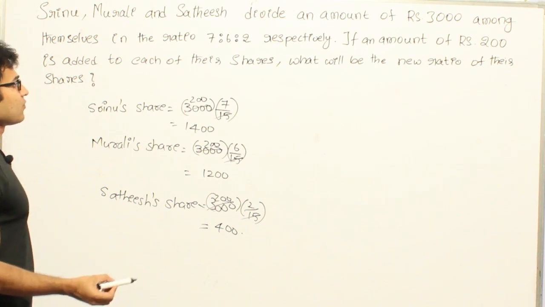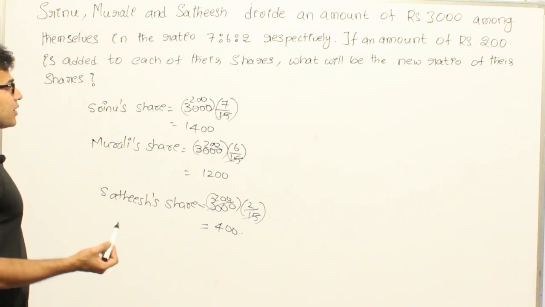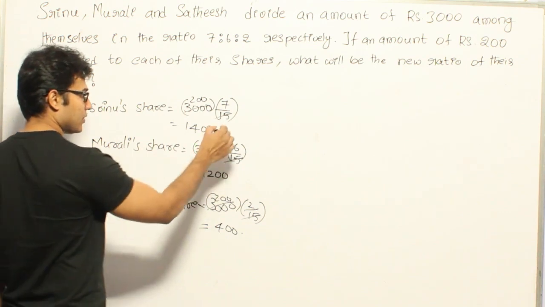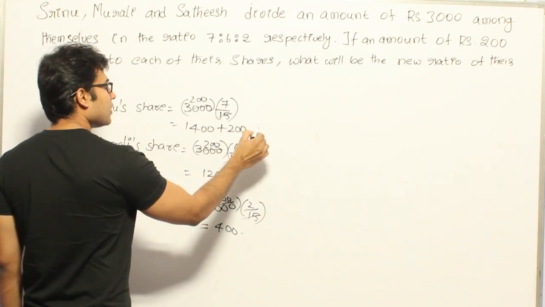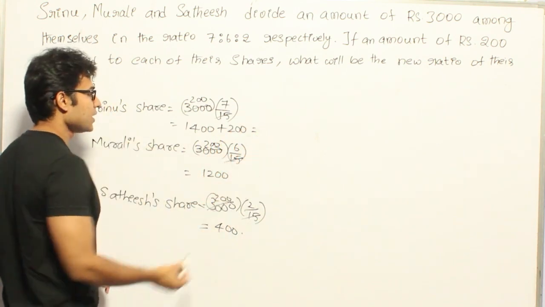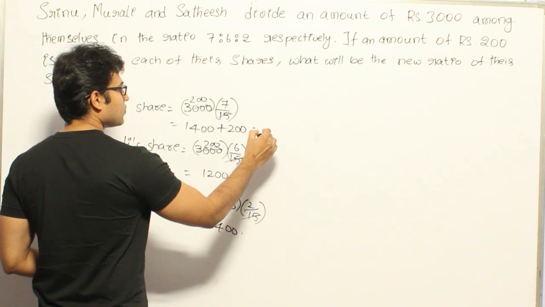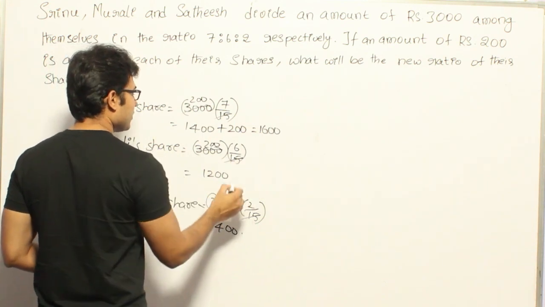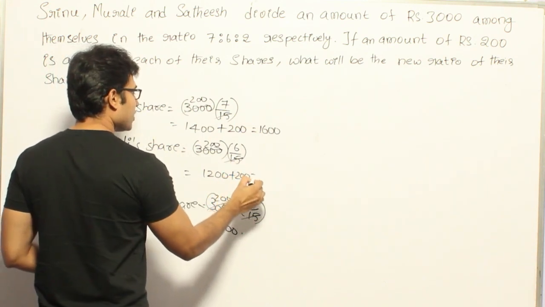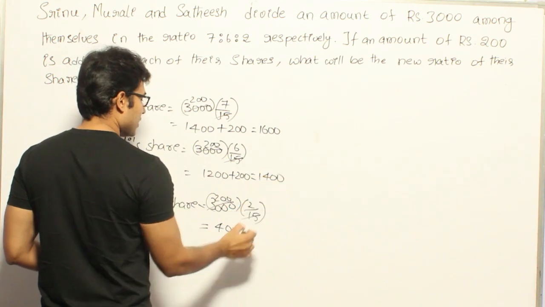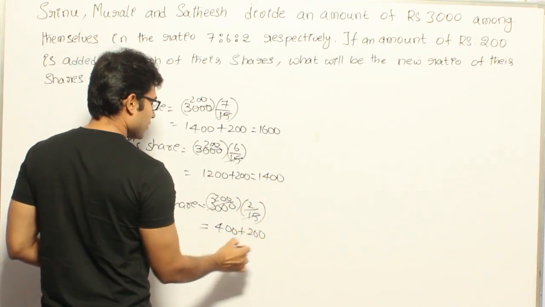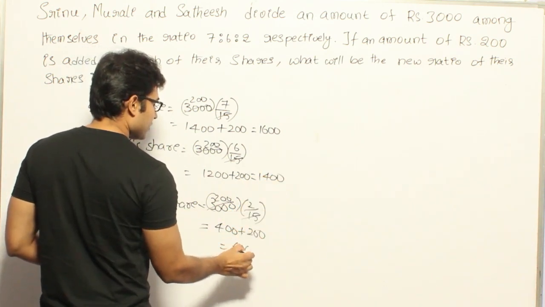Now they are saying that we are going to add 200 to their shares, which means whatever he got we are going to add 200. Now what is the final amount that Srinu will have? 1400 plus 200, which means 1600, and again 1200 plus 200, which means 1400, and again 400 plus 200, which means 600.